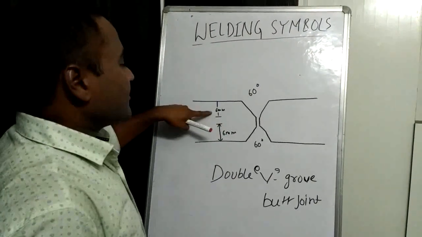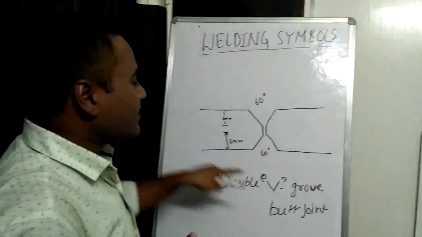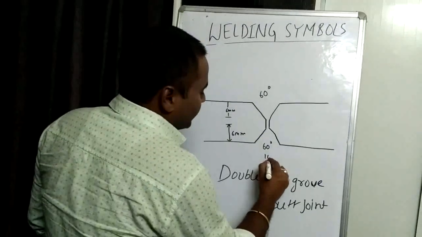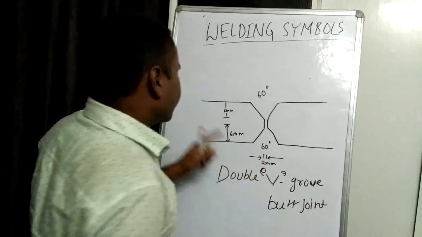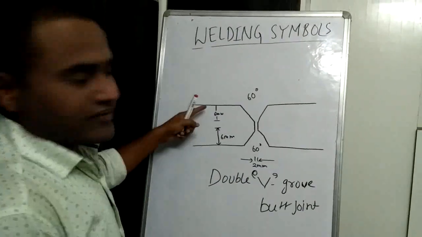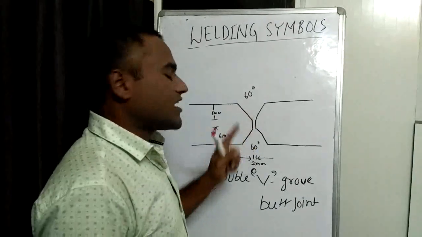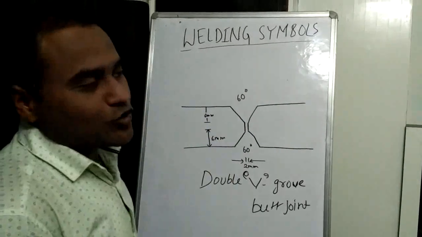Depth of our bevel is 6 mm on both sides. 60 degrees is the bevel angle. And spacing is 2 mm. 6 mm depth of the bevel on both sides, 60 degree bevel angle on both sides and 2 mm spacing.